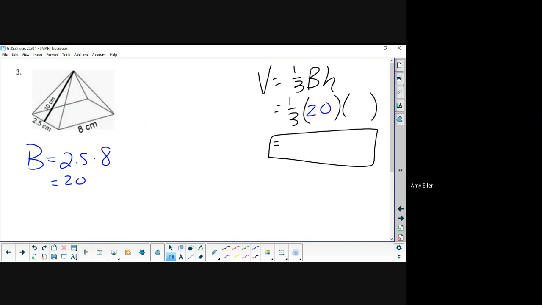Since we're not given height, we're going to do what we did last time. We're going to draw it from the top straight down to the center. Connect your height with your slanted height.